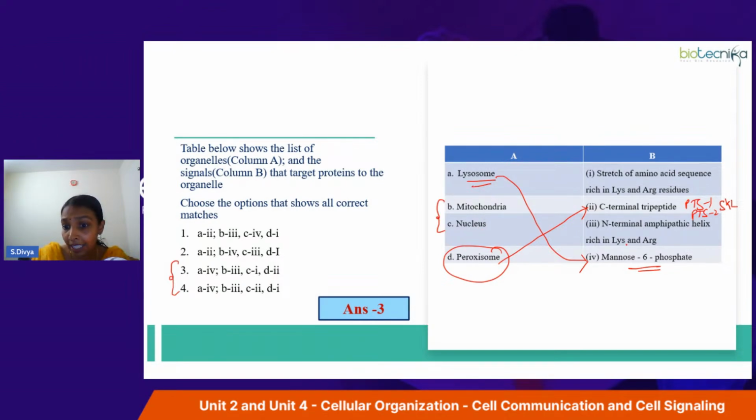Both of them have lysine and arginine residues. The difference is that when it comes to mitochondria, it should be at the N-terminus. And when it comes to nucleus, it does not have any specific terminus. It simply includes only the amino acids, not the N or C terminus. Okay, so this is how you need to understand.